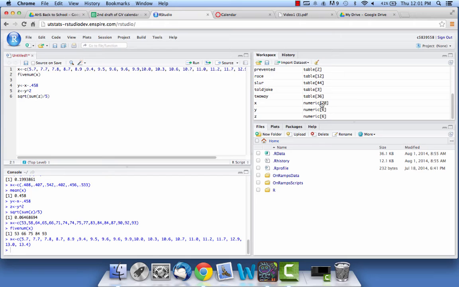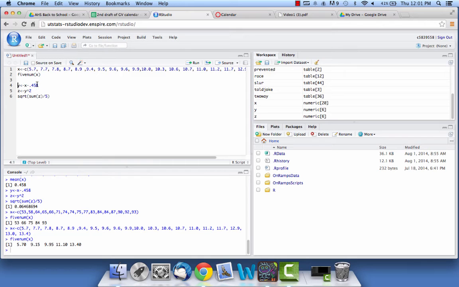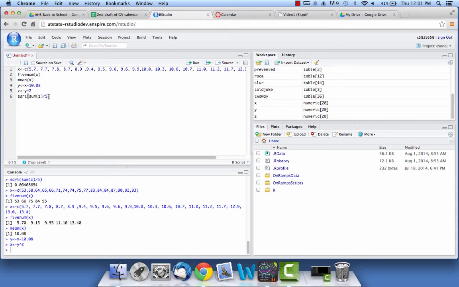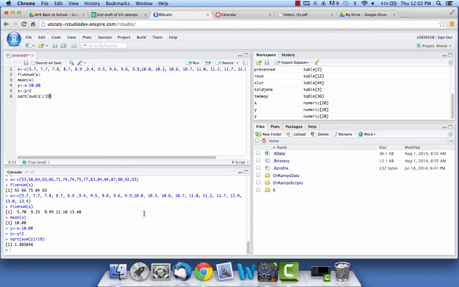Okay, so that has 20 values. So we have a mean of 10.08, a standard deviation of 1.89, and back here I have the median is 9.95.